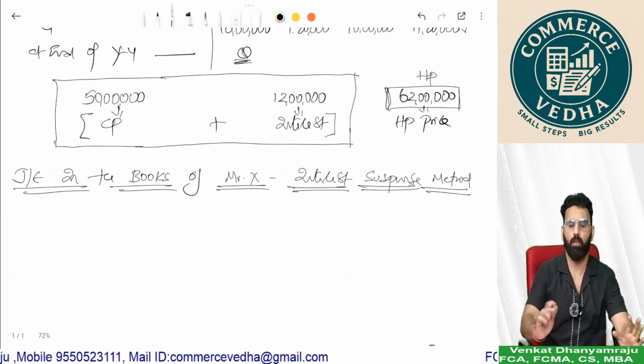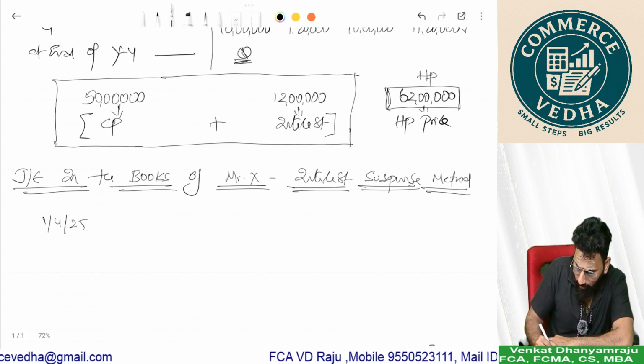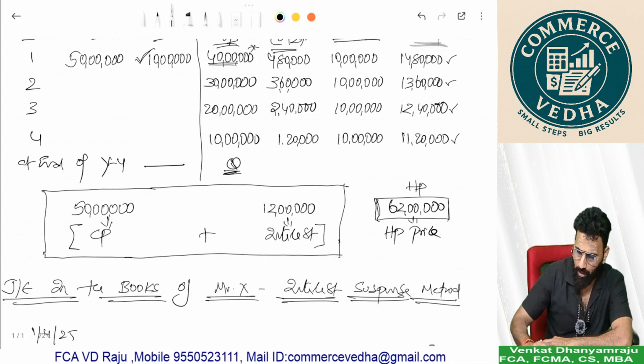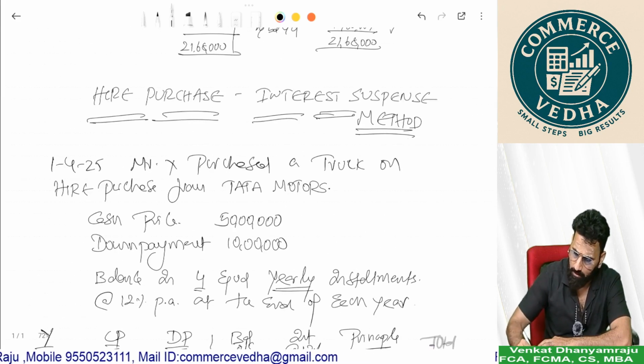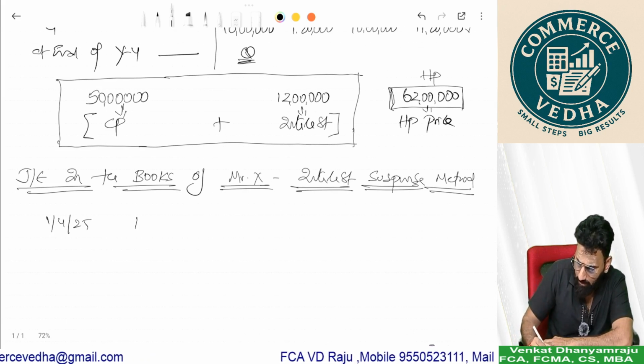Now we'll see. My first date is 1/4/25. I purchased a truck. So I'll write truck only, right? Truck is my hire purchase asset.